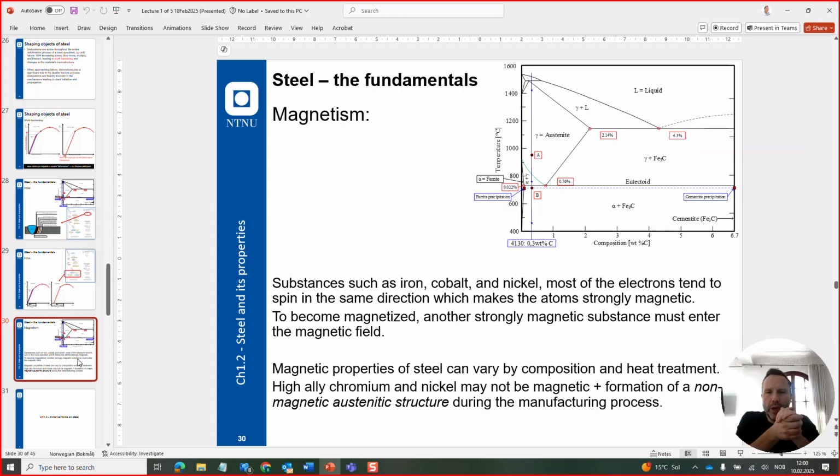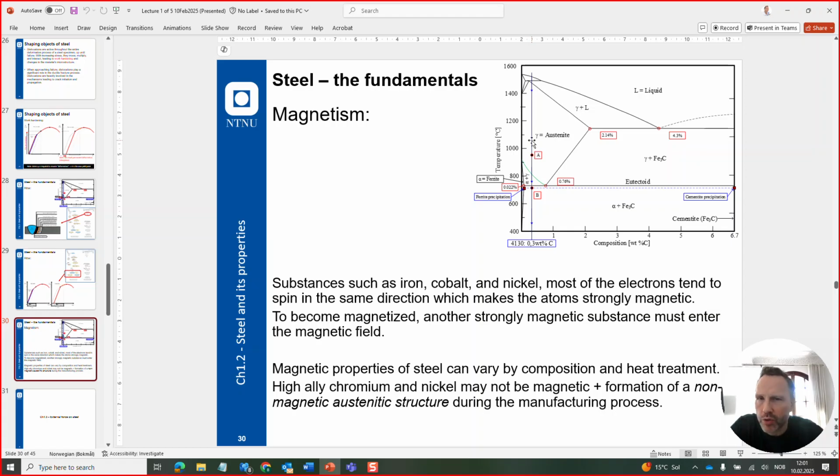Say that you freeze steel in an austenite condition, you quench it, you put it into water, and you freeze this structure. You put it from 1000 degrees and straight to room temperature, and you lock the austenite structure.